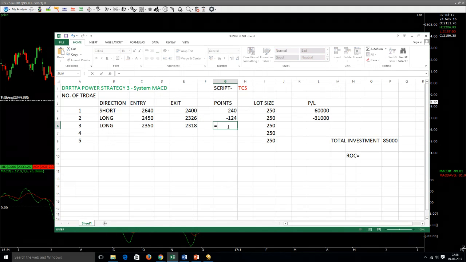So our profit loss is equal to this minus our entry, minus 32 is equal to this multiplied by our lot size 250 minus 8,000.